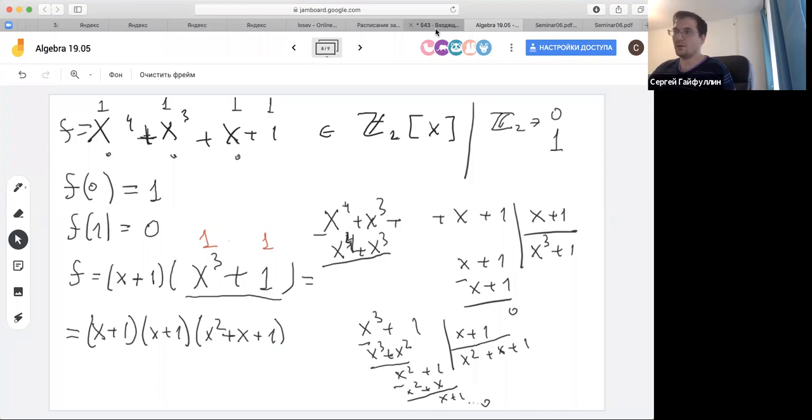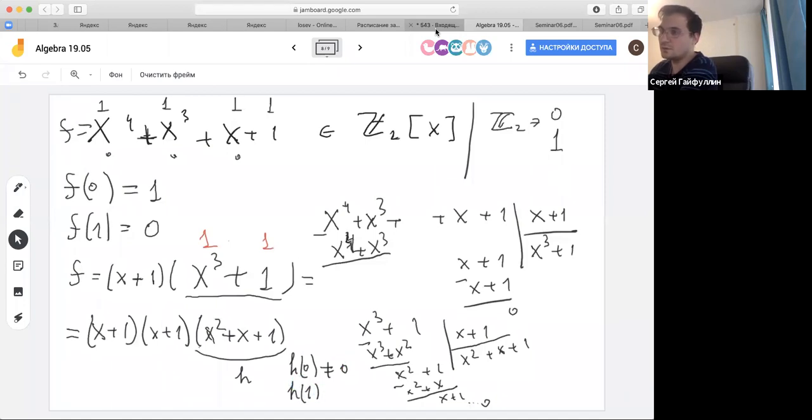Okay, this polynomial is h, and if h is decomposable, then h has a root. We understand that 0 is not a root, but now we want to compute h of 1.